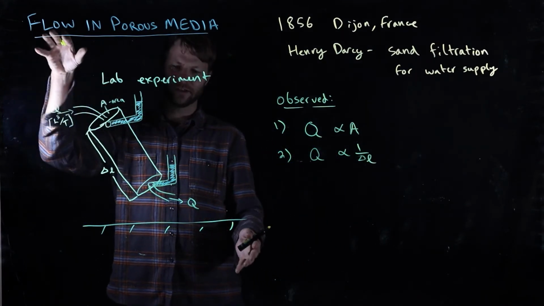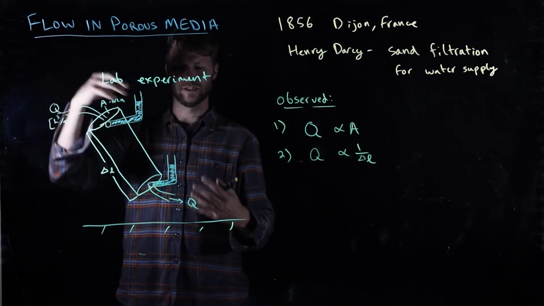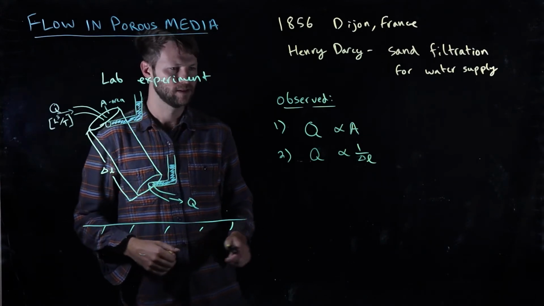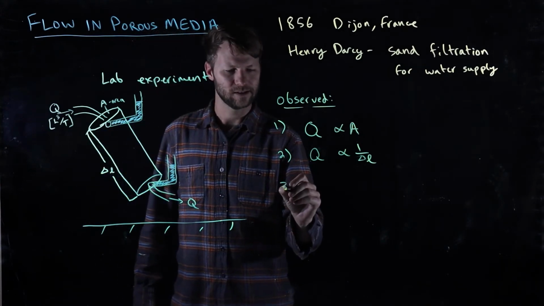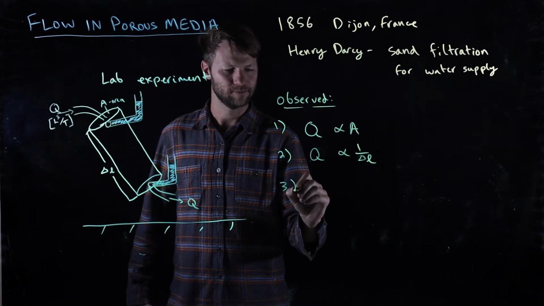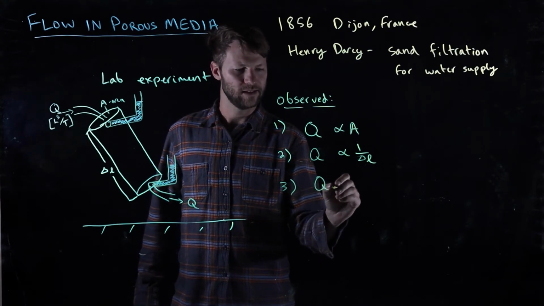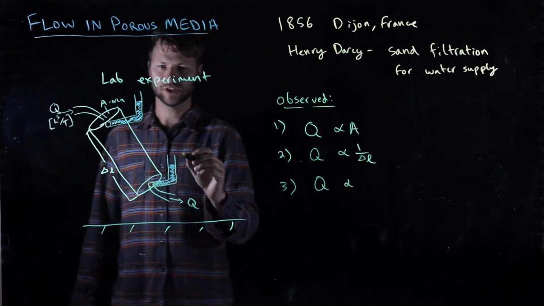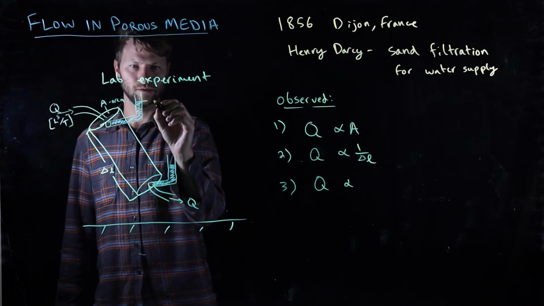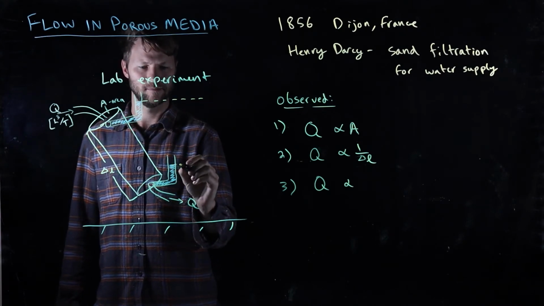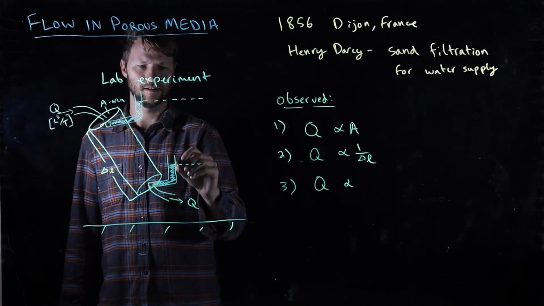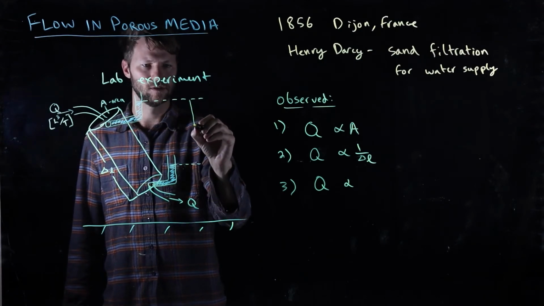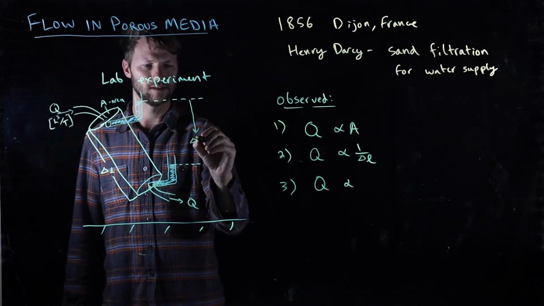So if you have a longer tube, all else equal, you're going to get a slower flow rate. Finally, one of the other key observations was that the flow rate was proportional as well to the difference in height of these two tubes, which we'll call delta H here.